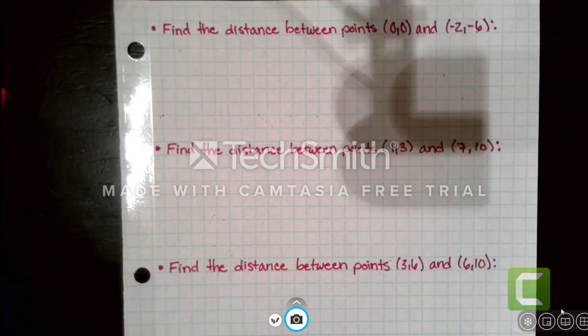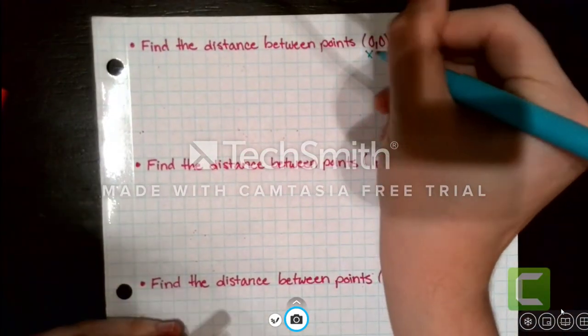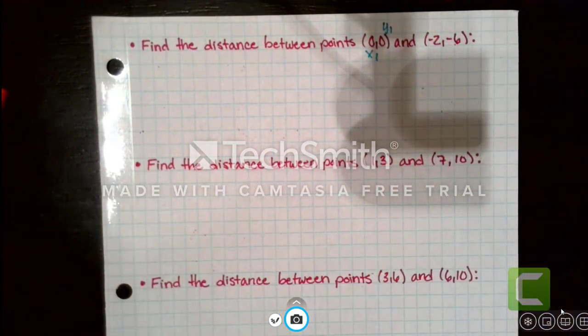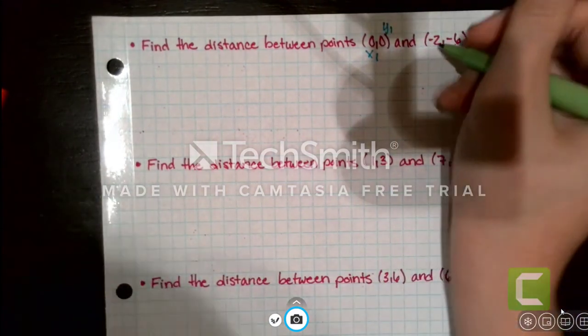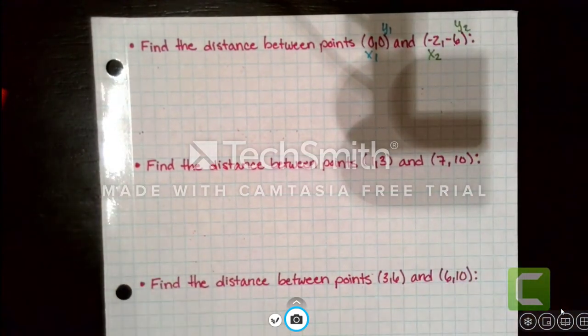Before we start, label your points. Your first one will be your x1, y1. Your second point listed will be your x2, y2. Now, plug them into the formula and solve for the distance.